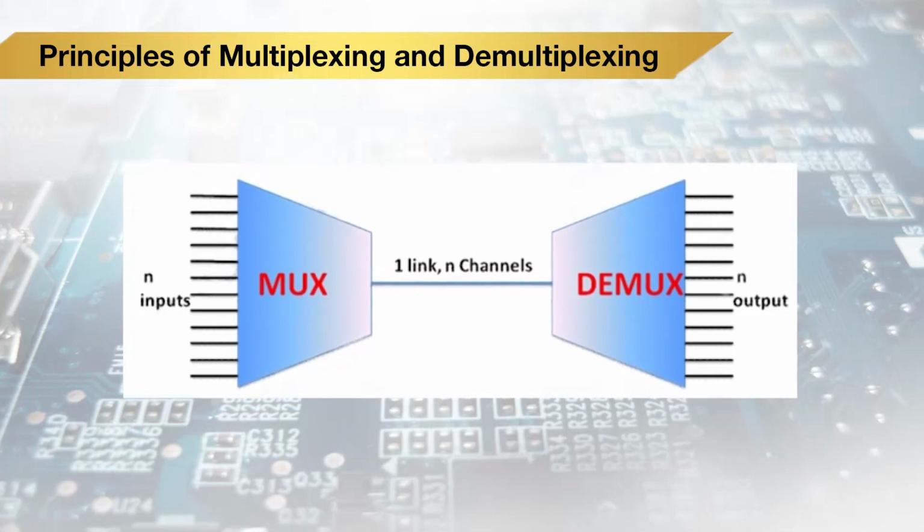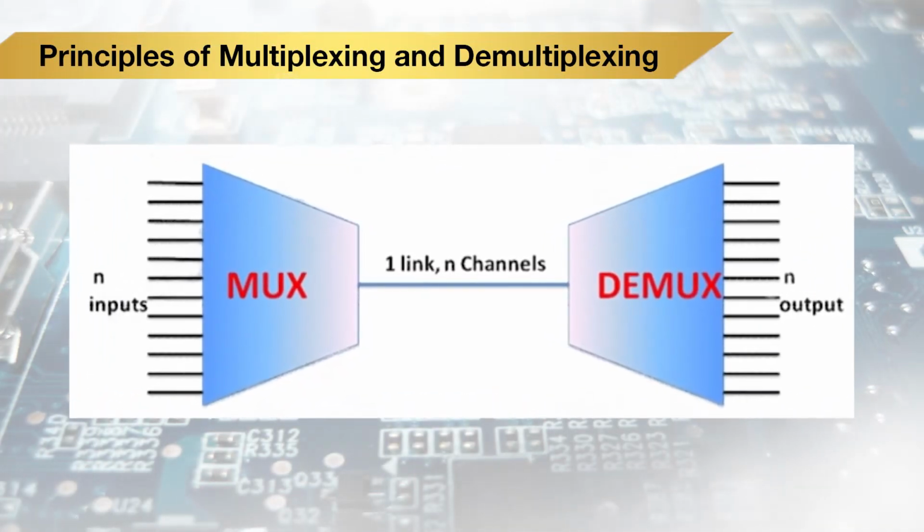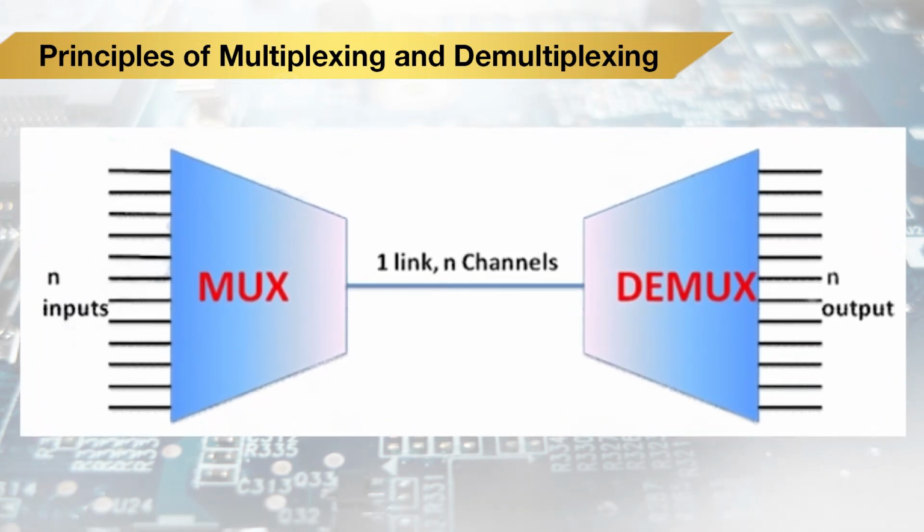Now, that data is received by the demultiplexer at the single line input and then it selects on which output line this input needs to be sent. That is, it does the process of demultiplexing. It judges to which output line this input data has to be sent. So, this is the process of transmission and reception.